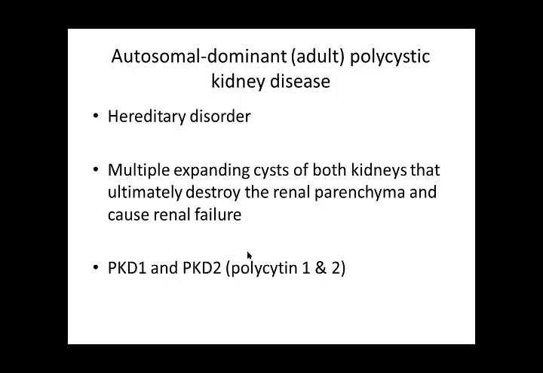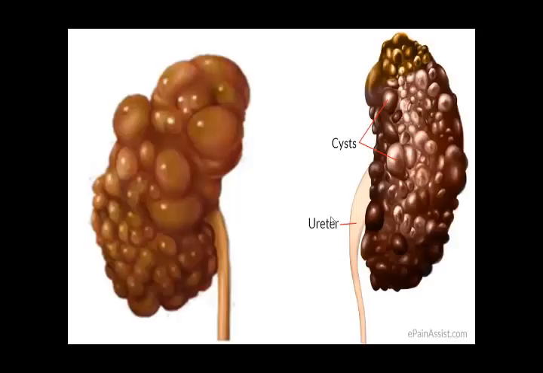And what is abnormal is the protein polycystin, polycystin type 2. Right. So this is what a polycystic kidney looks like externally.